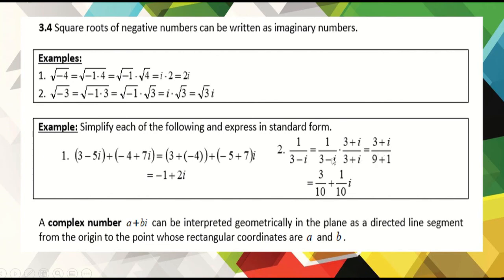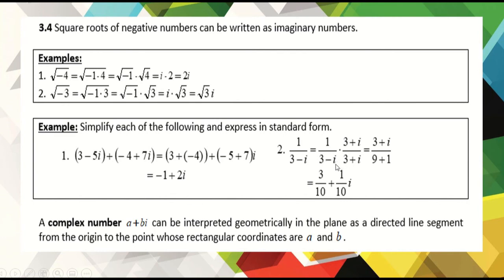All over, when we distribute or multiply the denominator, 3 times 3 is 9, and then 3 times i, that is 3i, minus i times 3, that is 3i, so 3i minus 3i, that is 0.